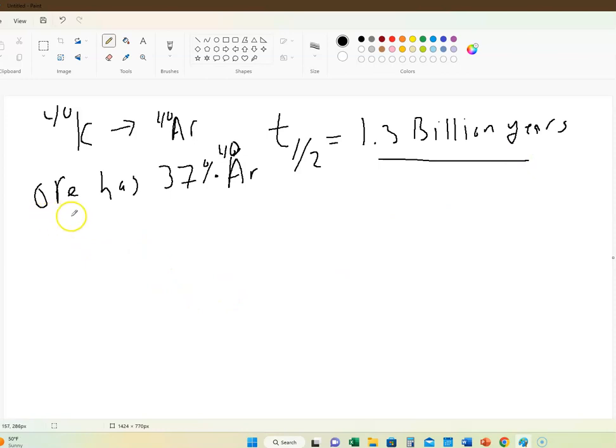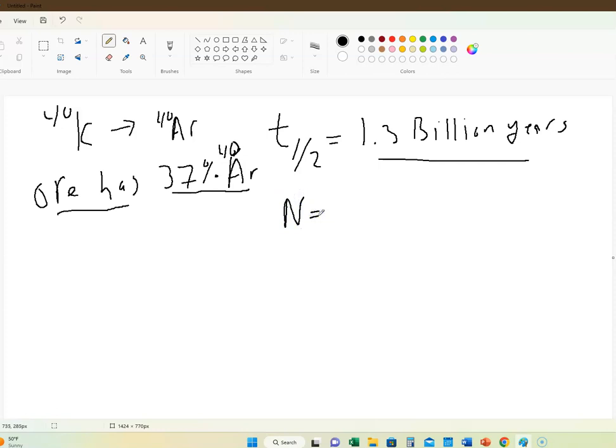Suppose you dig up some ore and you find that 37% of that ore is argon-40. If 37% is argon-40, and all of the argon-40 came from the original potassium-40, we can do this little game again. Remember, we're trying to figure out what N is, the amount of potassium-40 that remains.